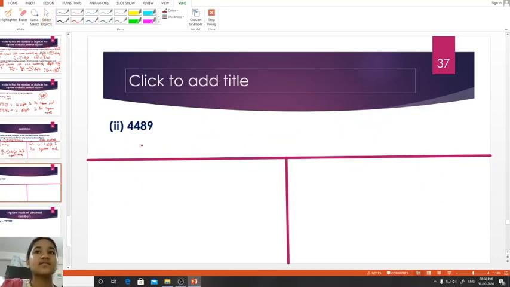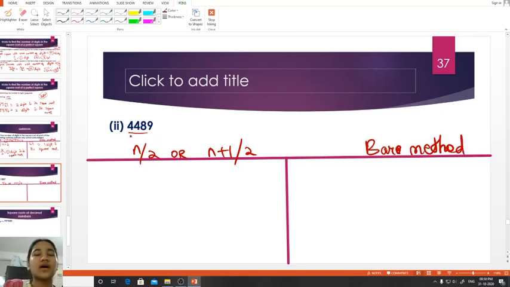Next question says 4489. For that, here we can use the n by 2 or n plus 1 by 2 method or the bar method. How many digits does it have? 1, 2, 3, 4. Over here also it has 4 digits, which means it has an even number of digits.